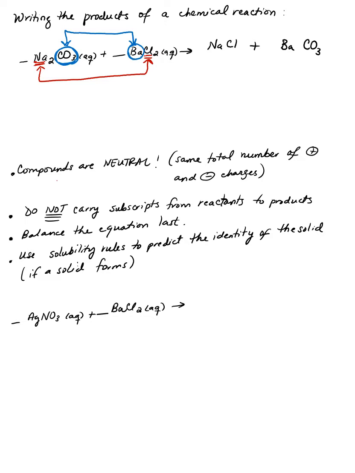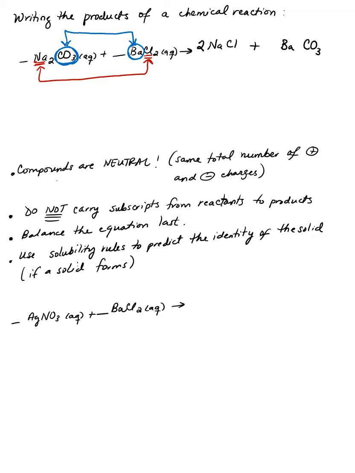And that's just 1 Na. So you need to use a coefficient to have the same number of every single element on both sides of your reaction. When I add that coefficient in front of NaCl, now I have 2 Nas, which is the same amount that I have on the reactant side.